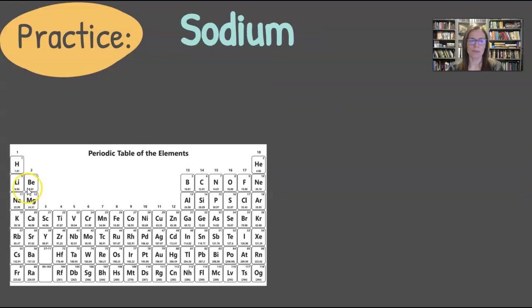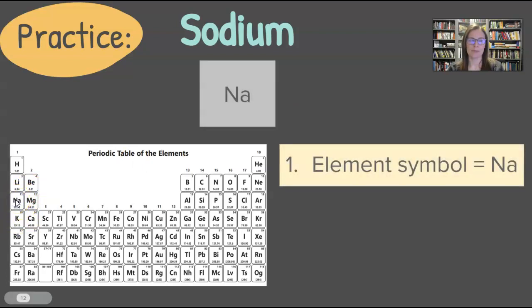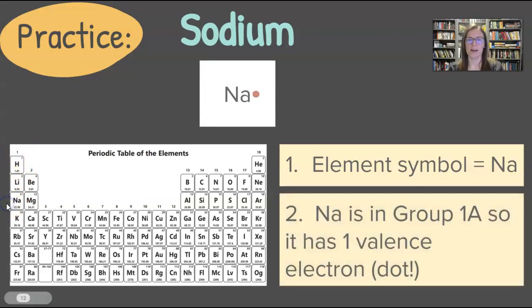Let's look at sodium. Sodium's over here, so step 1 is the element symbol. Step 2 is the dots. I'm in group 1A, so I just need 1 dot. And that 1 dot can go on any of the sides. It doesn't really matter where you start with your dots as long as you do one at a time and then pair them up.